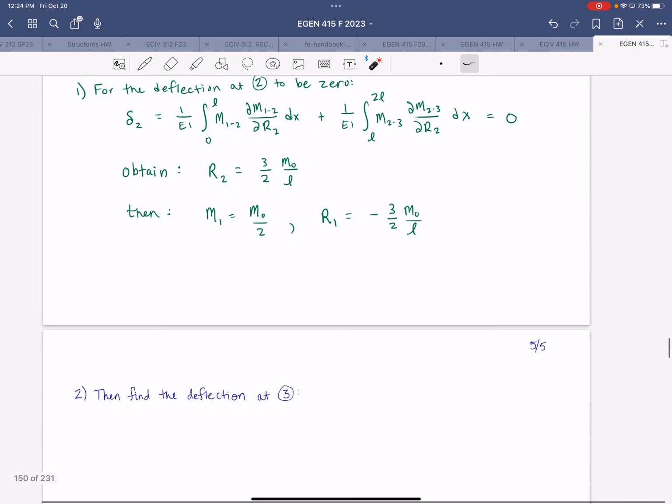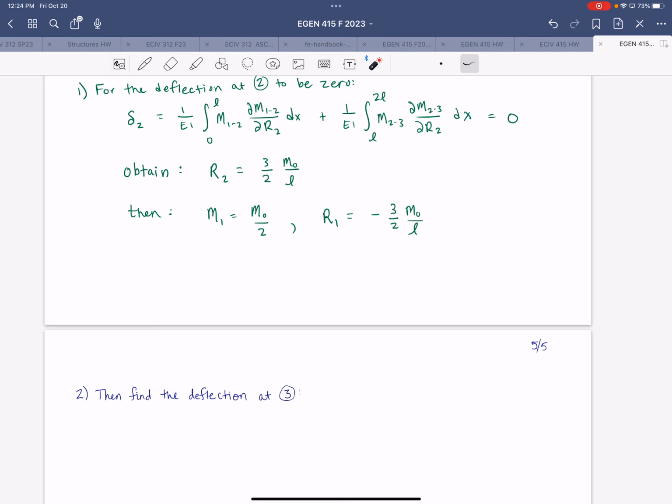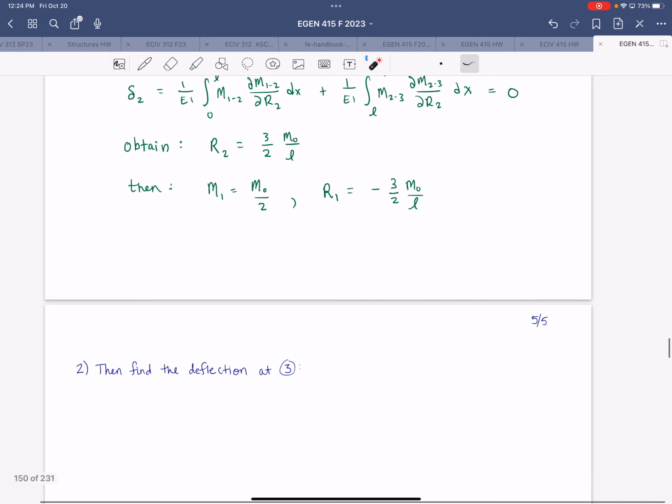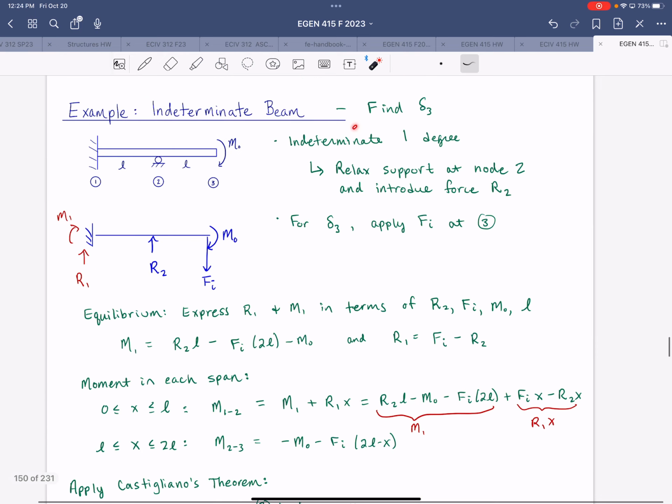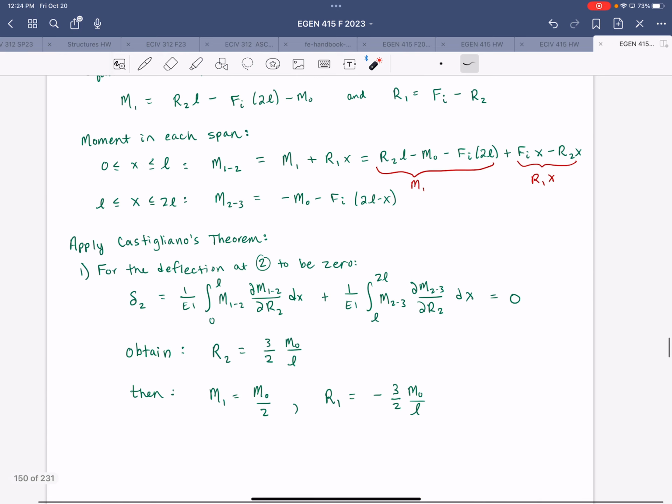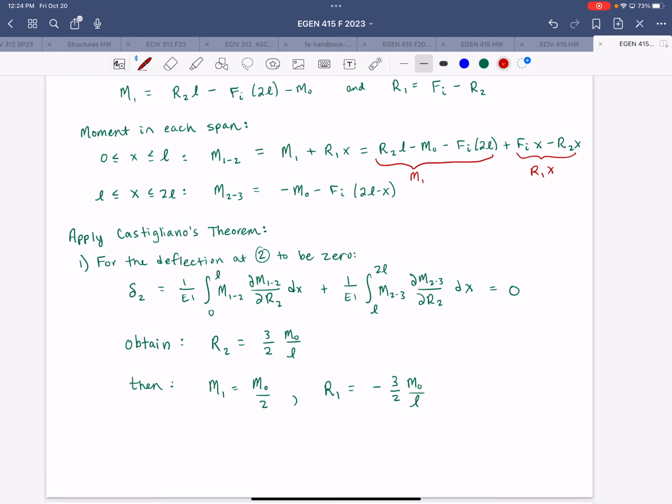So now that we've found those reaction forces in terms of the true applied loads, our ultimate goal, remember, was to find the deflection at node 3. So I'm going to add that note that I verbalized here, because it's usually a point of confusion that comes back to haunt us later on.